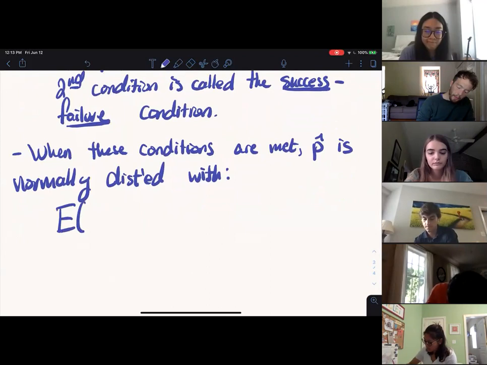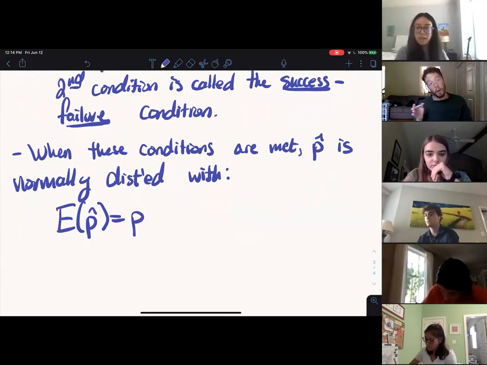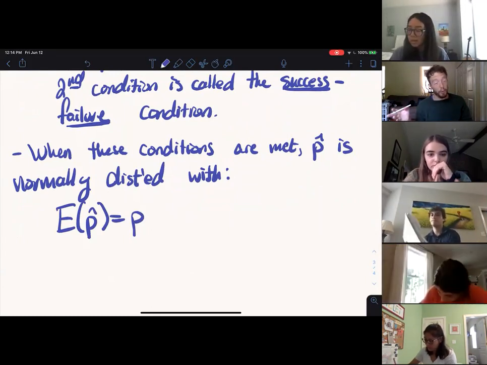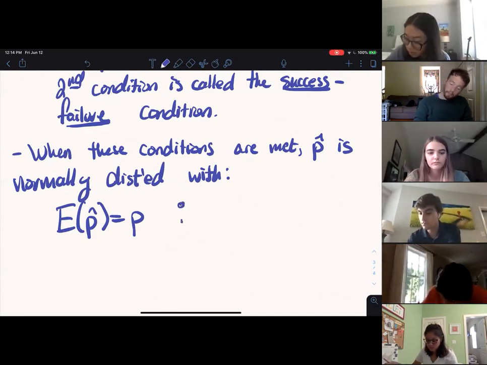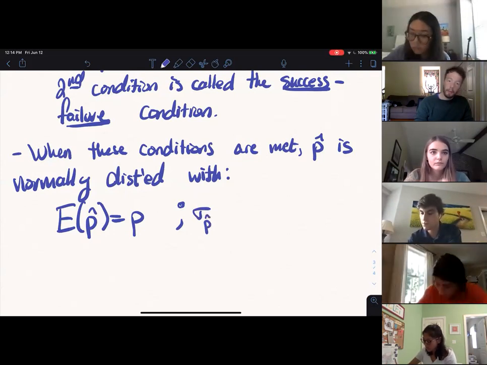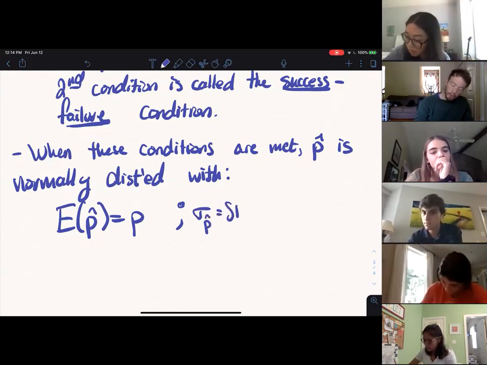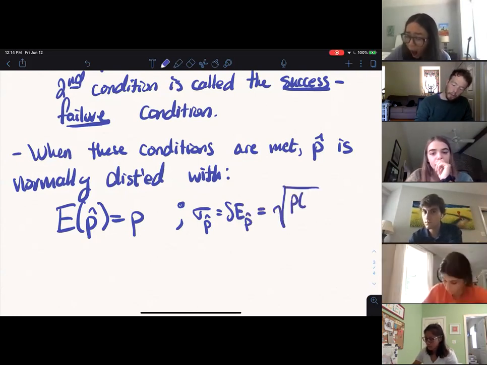The expected value of p hat is centered at the true population proportion. So just like how the expected value of x bar was the true population mean mu, we have that same thing here. It's centered at the truth, which is very good. And the standard deviation of p hat, otherwise known as the standard error of p hat, is equal to the square root of p times 1 minus p over n.